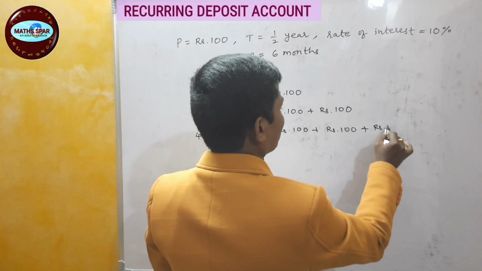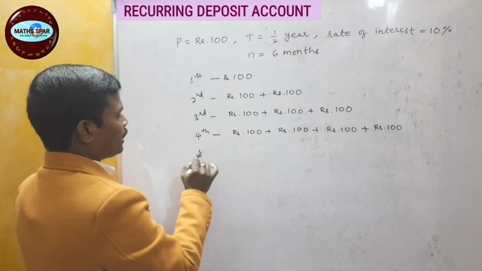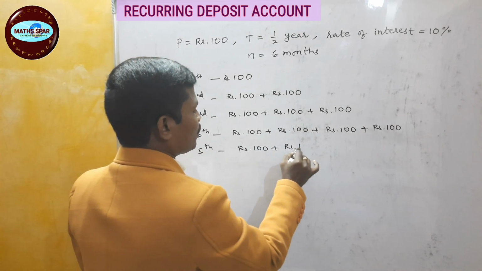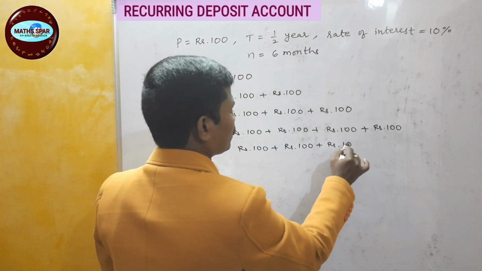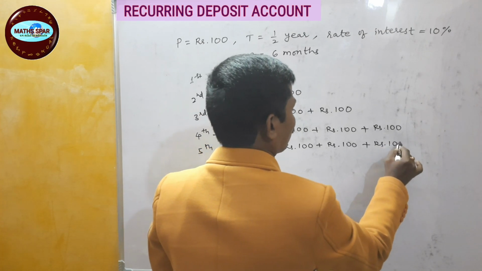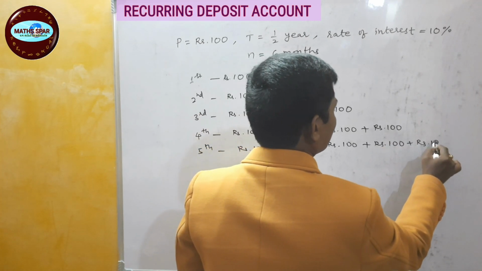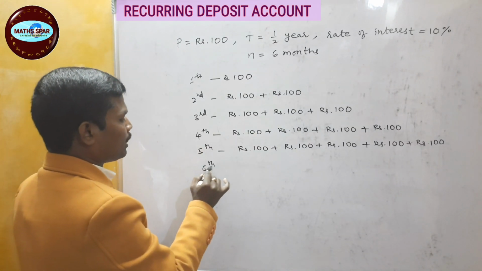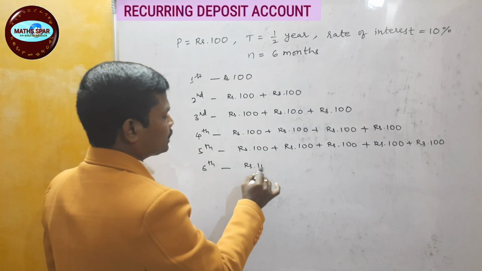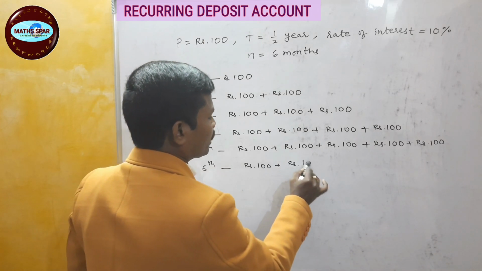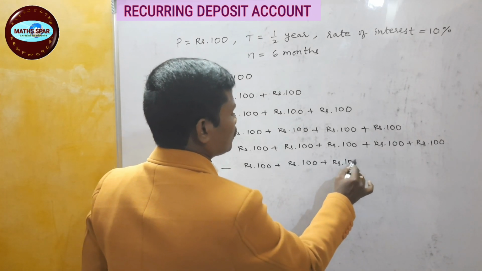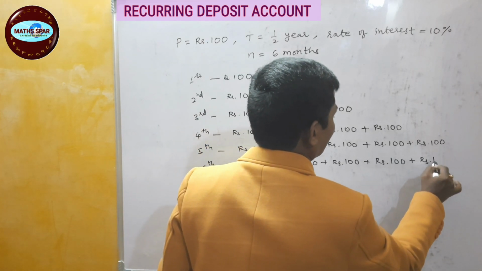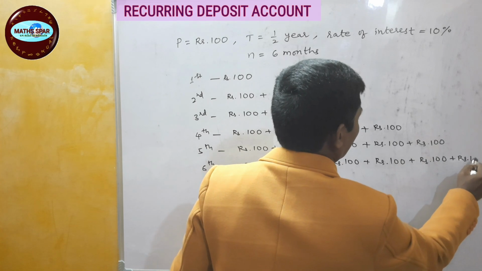He is depositing another 100 rupees. Then fifth month, 100, 100, 100, 100. 400 rupees are already there. He is depositing another 100 rupees. Then sixth month he is depositing another 100 rupees to add on to the 500 what was already existing.